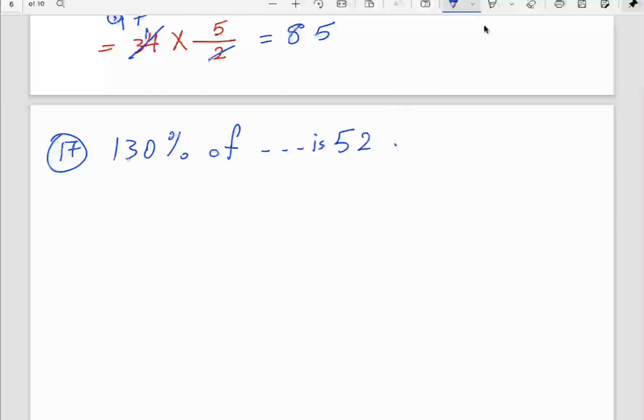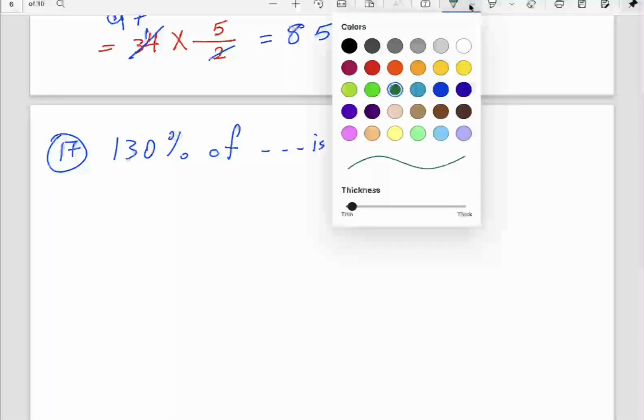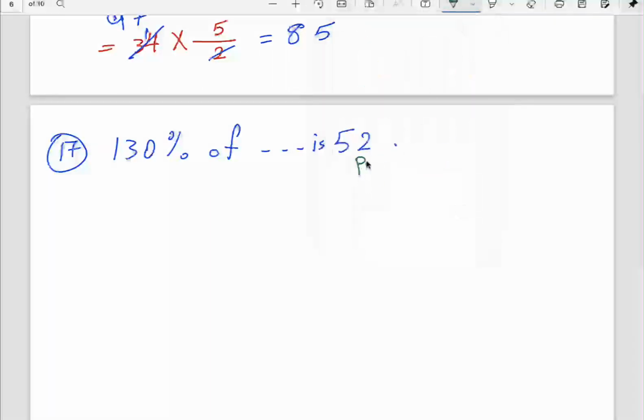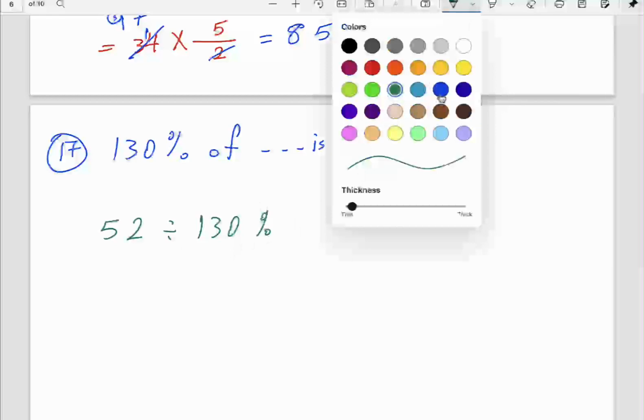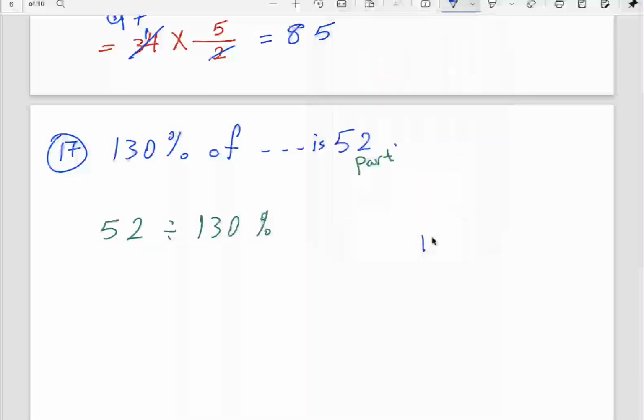So, is 52 the part or the whole? Part, teacher. Okay, so we need to find the whole. So we need to divide 52 by the percent. Yes. Let's rewrite the percent as a fraction in the simplest form. 130%.